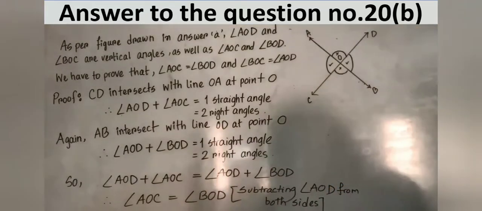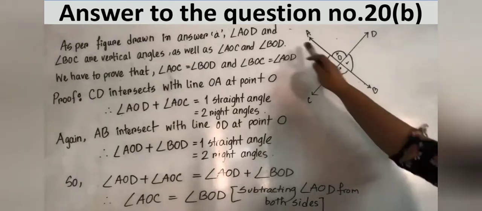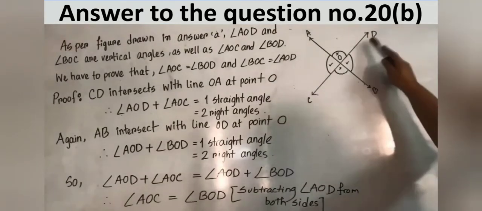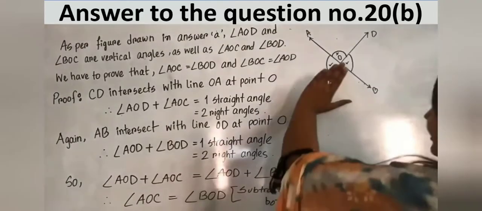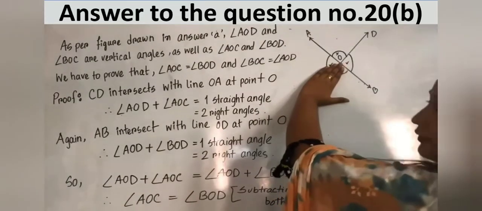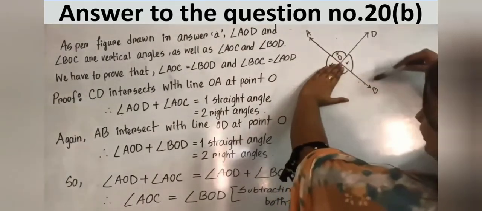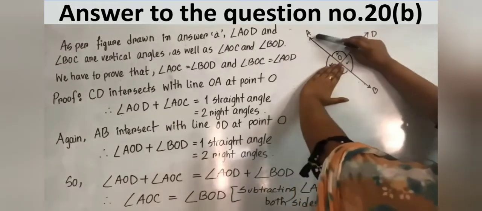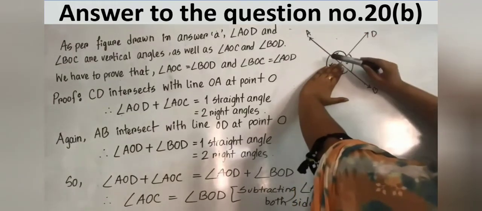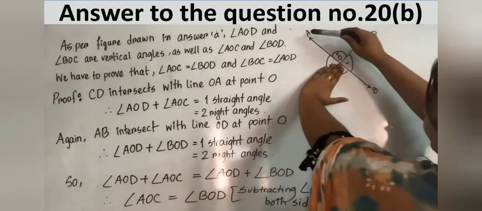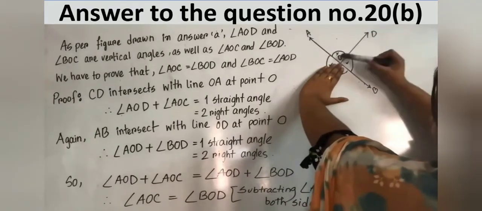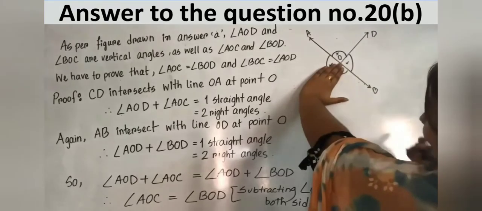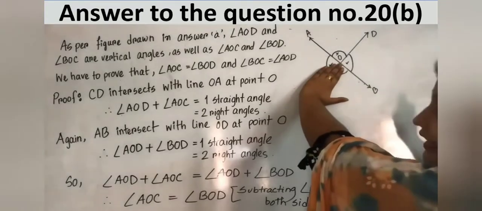Similarly, see now what I have taken here: AB intersects with the line OD at point O. Now you will think that this part is not here. See, the figure is only this. So wherever AB is intersecting with OD at this point O, here also again we are getting two right angles, isn't it?